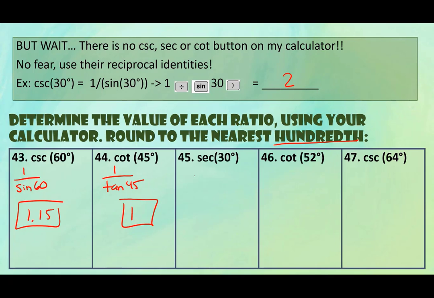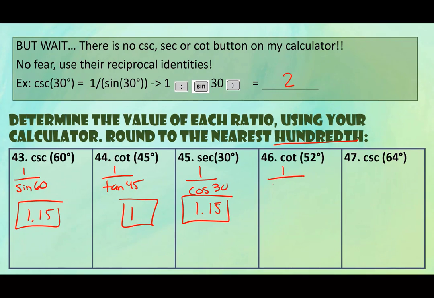Okay, now secant is going to be 1 over cosine of 30 degrees. So we're going to put 1 divided by cosine of 30 in our calculators, and you're going to get 1.15 again. Now, cotangent of 52, we're going to do 1 over tangent of 52, because tangent is the reciprocal of cotangent.